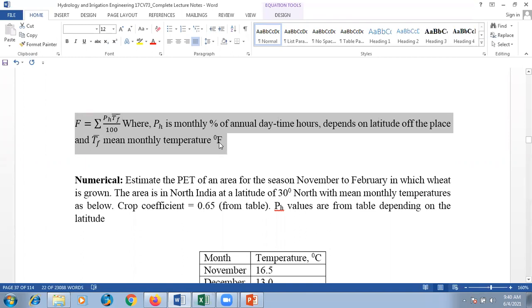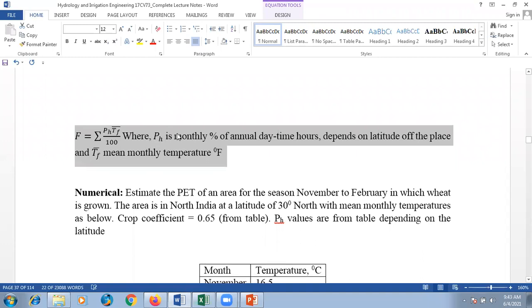You remember, not in degree centigrade, but in degree Fahrenheit, of that particular place. So the mean monthly temperature you are going to take can be obtained from the latitude of the place or location of the place. So you have to be very careful about that, right?